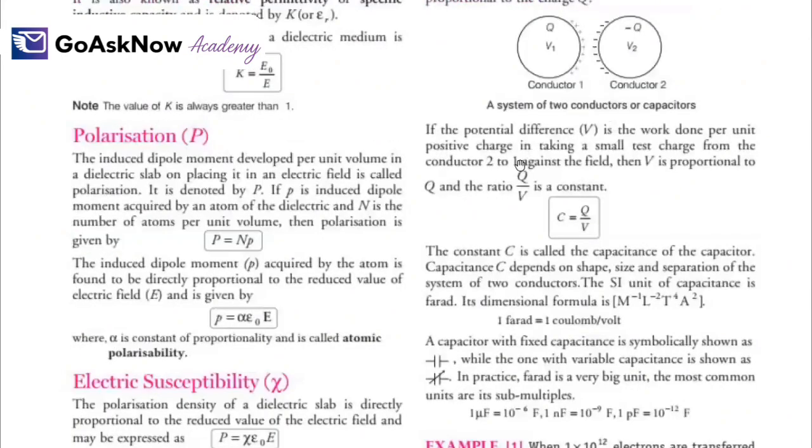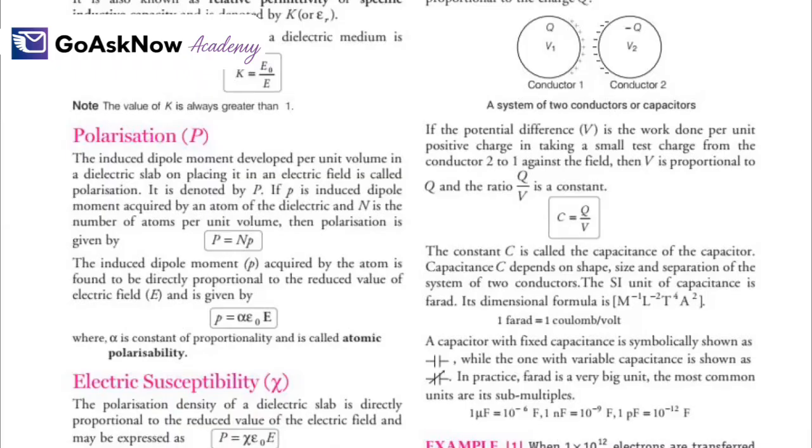Now, the potential difference V is the work done per unit charge, which I already covered. The constant C is called the capacitance of the capacitor. Capacitance C depends on the shape, size, and separation of the system of two conductors. So you can observe that capacitance capital C depends on what? If the shape of your plates changes, the capacitance value will also change. If the size changes, it also changes.